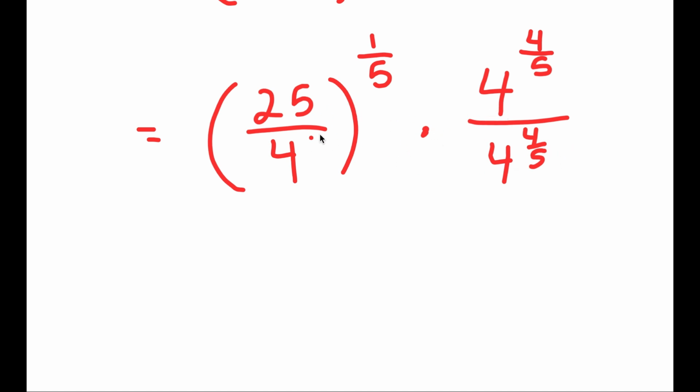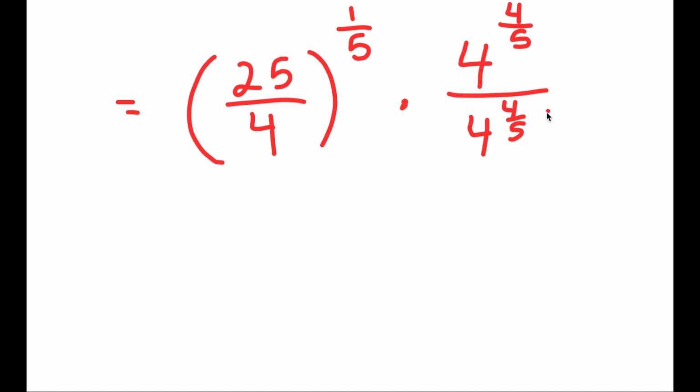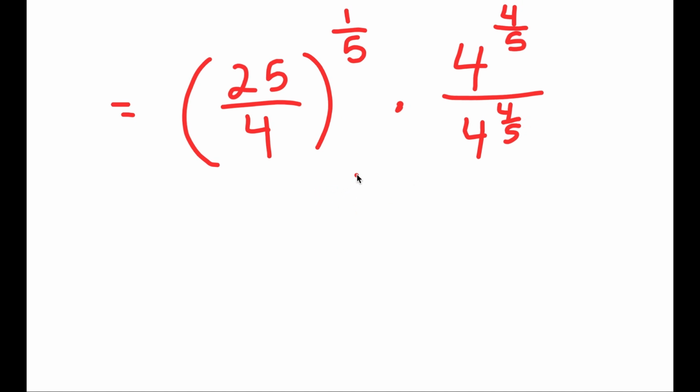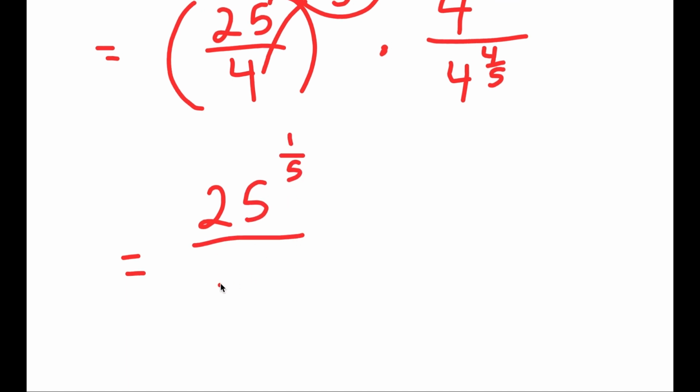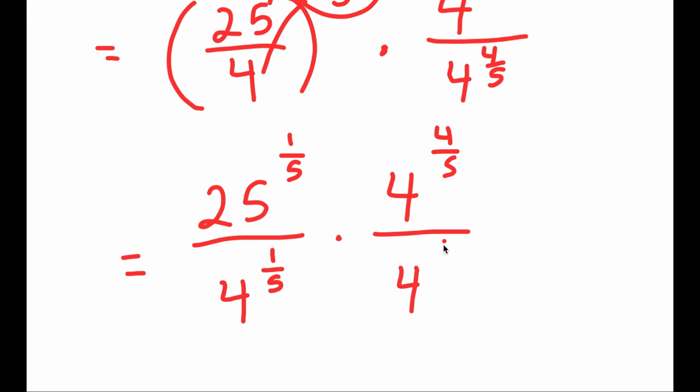And this is basically just like multiplying this by 1, which doesn't change anything. Now, again, this can distribute. So I get 25 to the power of 1/5 over 4 to the power of 1/5 times 4 to the power of 4/5 over 4 to the power of 4/5.